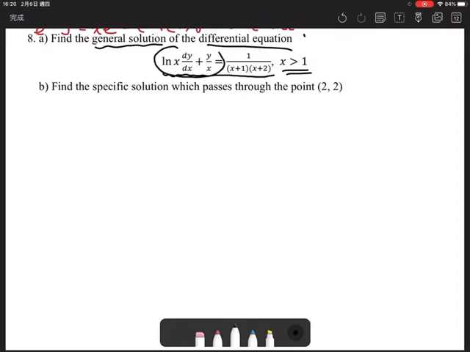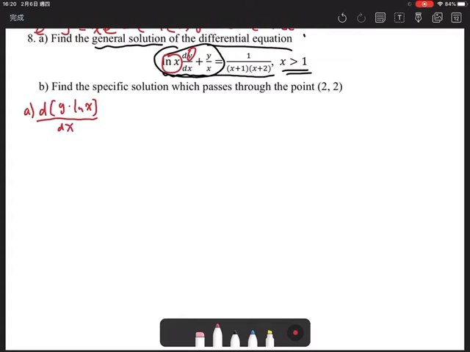You see one side is a sum of two terms, so we may think whether it can be written as the derivative of a product. So of course, yes. So one of the functions is ln x, another one is y. So now let's try. It can be written as the derivative of y times ln x, and you may double check.